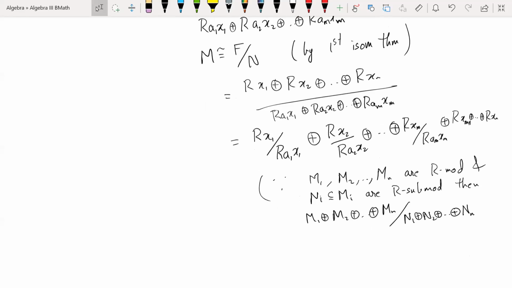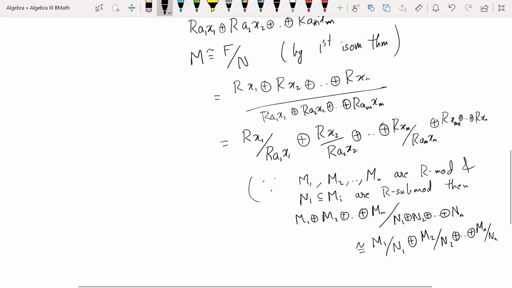Note that this direct sum is a submodule of the numerator, and this is isomorphic to M1 mod N1 direct sum M2 mod N2 up to Mn mod Nn. As abelian groups, I'm sure you have seen this result, right? This is true even for modules. So as R-modules also, the map is going to be R-linear, is what you have to check. Okay, is this clear?